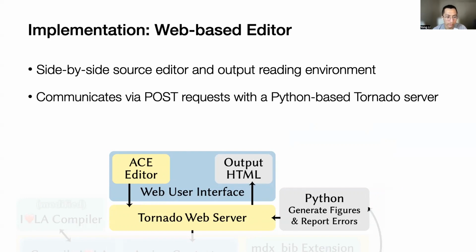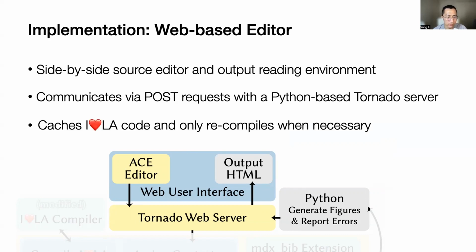The GUI communicates via POST request with the server running the Python-based Tornado web framework and asynchronous networking library to run the rtDown document processing. To speed compilation, rtDown caches rtDown code and only recompiles it when the rtDown code has changed. When a figure's code is changed from the viewer, rtDown only reruns that Python code block.